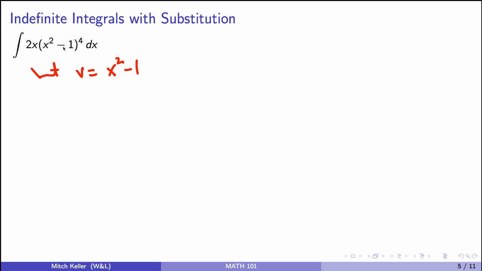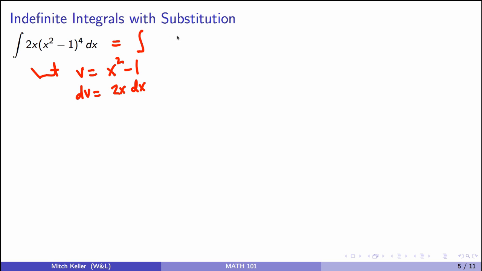But so I'm seeing this inside function, and I'm seeing its derivative lurking out here. And that's, remember, when we look at the statement of how we integrate by substitution, it's an inside function and the derivative of that inside function lurking around outside. So then, working in terms of our differentials, we say, aha.